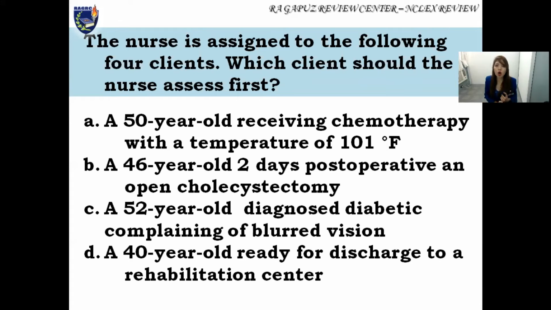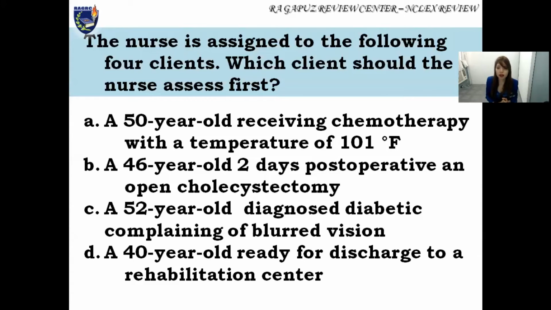A client with an ongoing procedure should always be your priority. So let us check. Can you find among the options anybody who is undergoing an ongoing procedure? Another thing. Client who is presenting an acute complication will always be your priority. So among A, B, and C, which is presenting an acute complication?